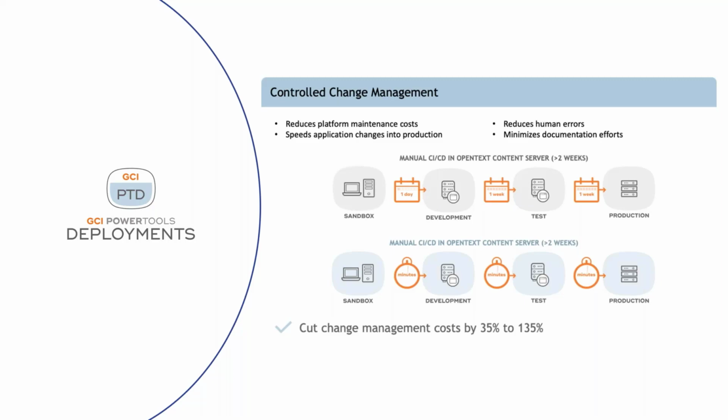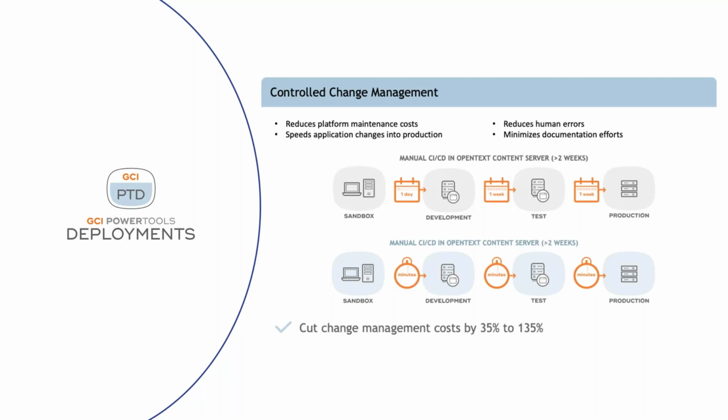So to summarize, controlled change management, or Power Tools for deployments, really reduces your platform maintenance costs. We've had customers report between 35 and 135% improvement, or reduction, I should say, in their management costs.